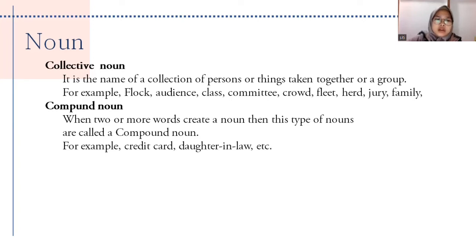And compound noun is when two or more words create a noun, then this type of noun is called a compound noun. For example, credit card, daughter-in-law, and etc.